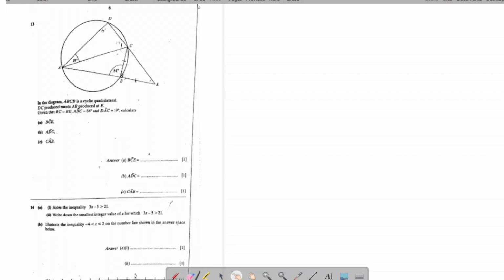To get this angle, we say 180 degrees minus 84 degrees, which is 96, which means this angle is 96.